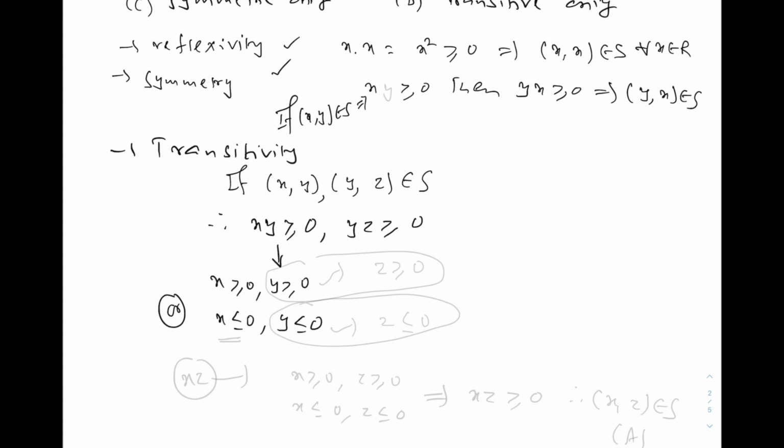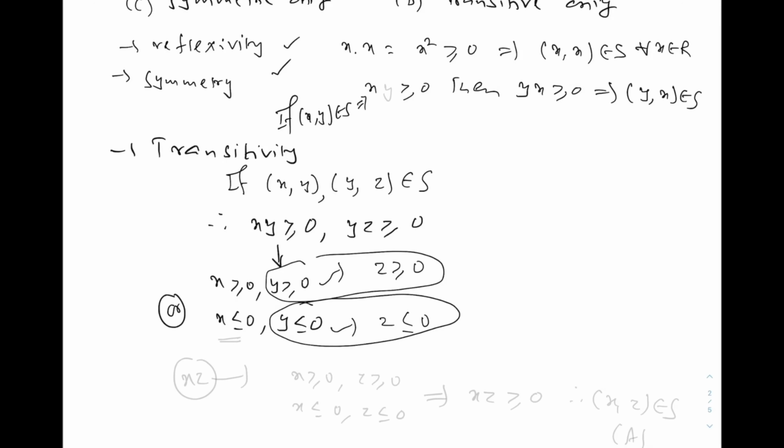Now yz is greater than or equal to 0. So in this situation, because y is greater than or equal to 0, z has to be greater than or equal to 0. In this situation, y is less than or equal to 0, z has to be less than or equal to 0.